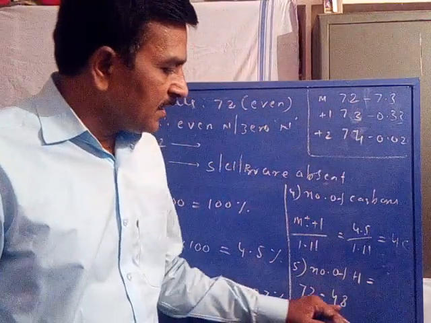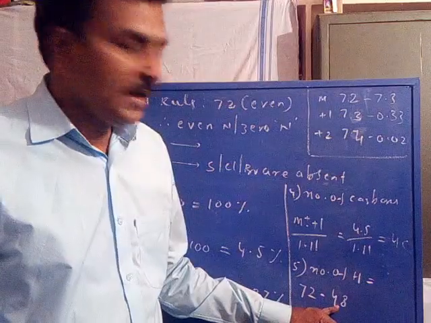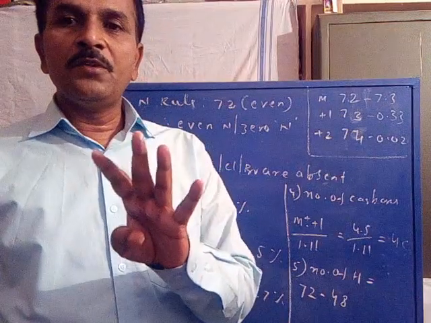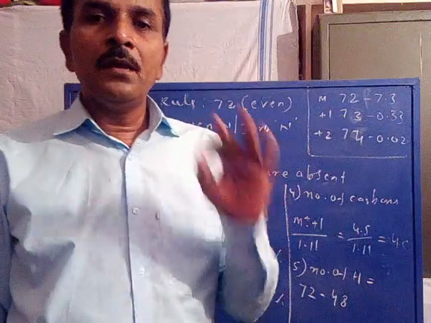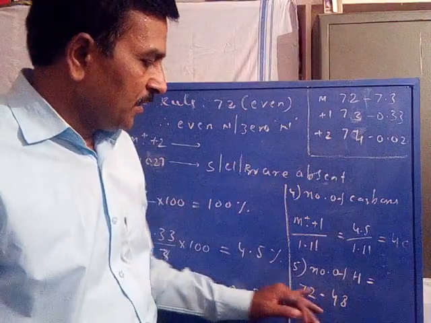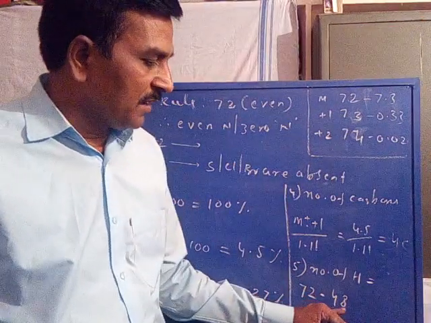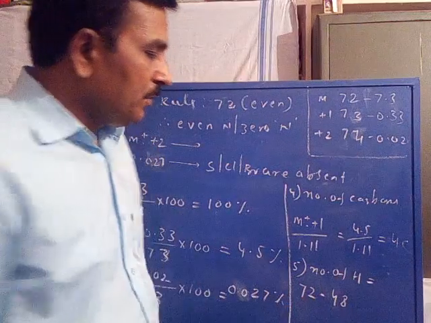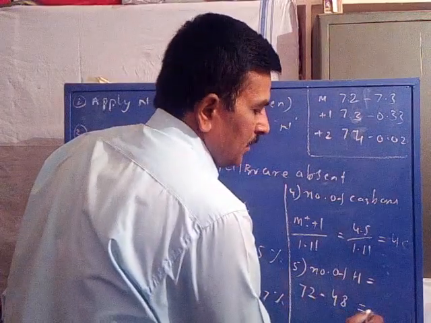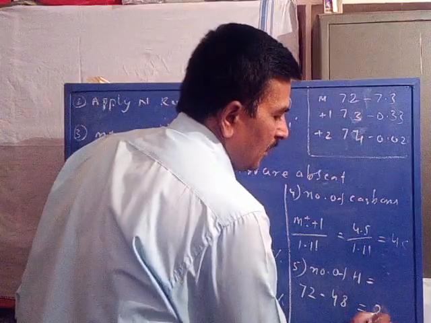Now when we delete the masses, the 48 is related to the 4 carbons present. Each carbon mass is 12, and 12 into 4 becomes 48. So deletion of carbon masses from the m/z value of the molecular ion gives 24.